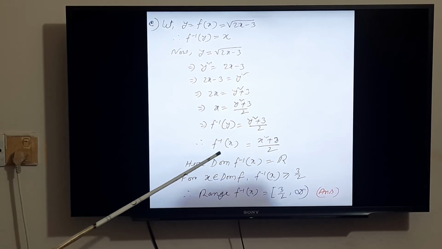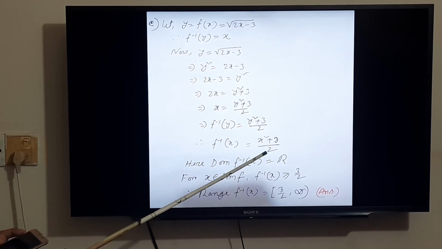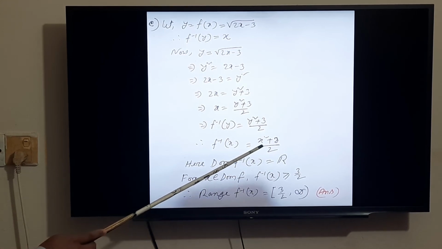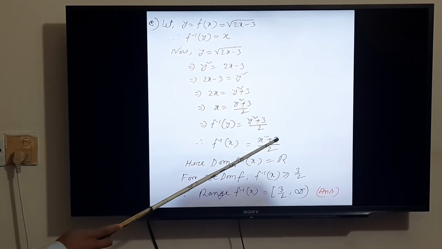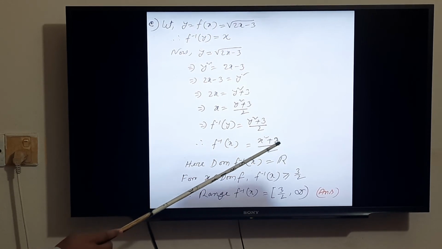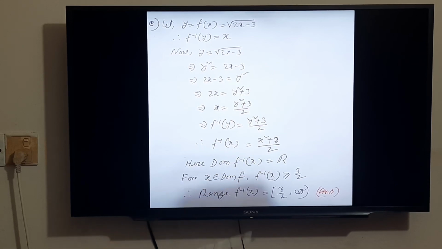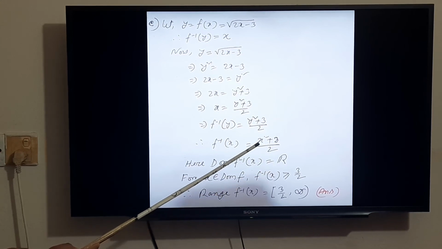So we need the range of this. For the range, at first we need the domain. What is the domain? For this expression, for each real value of x it is defined, because whether x is negative or positive, all the values of this expression are always defined. That's why the domain is the real numbers. It may be -1, it may be 2, 3, 4, any number.